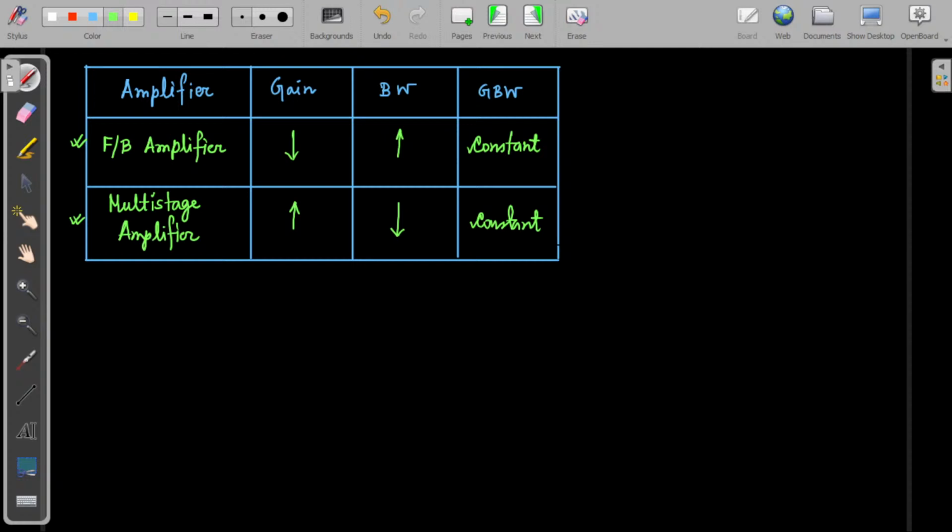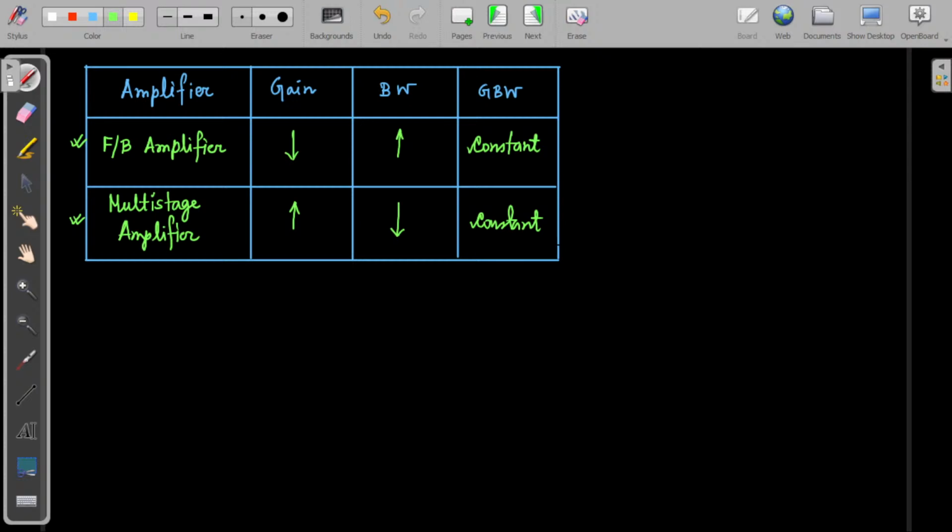And we have also compared the negative feedback effect on the amplifier with the multi-stage amplifier case. We have seen that the change of the gain and the bandwidth in the multi-stage amplifier is just in the opposite direction of the feedback amplifier case. Okay, so this is how we can analyze the feedback amplifier.